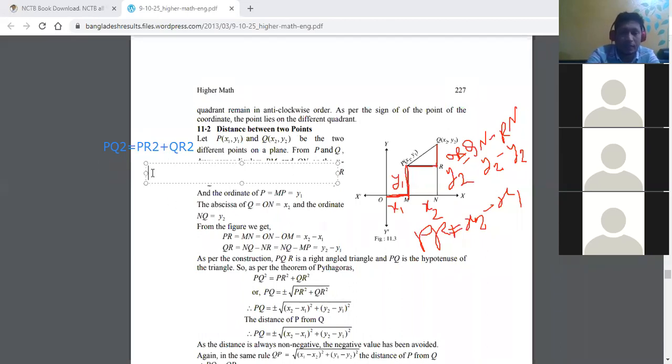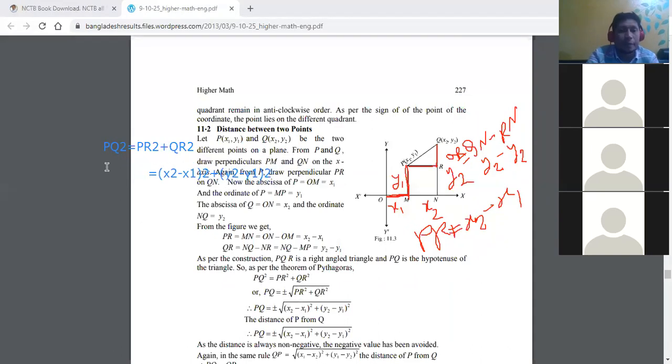So on the right side it will be x2 minus x1 whole square, plus QR square. QR means y2 minus y1. So it will be obviously y2 minus y1 whole square.